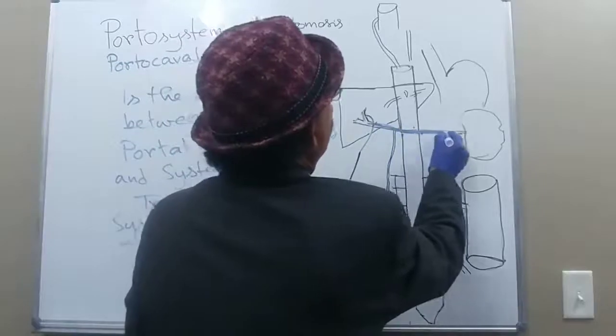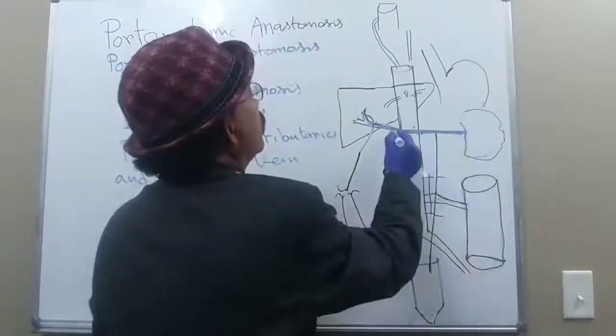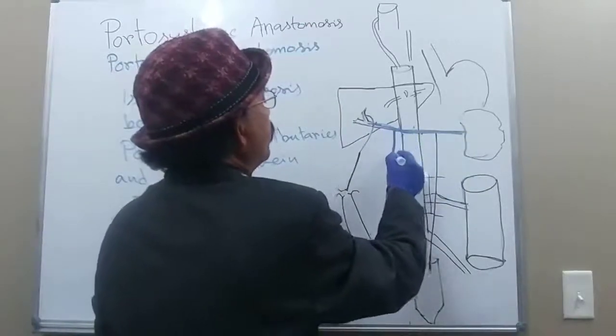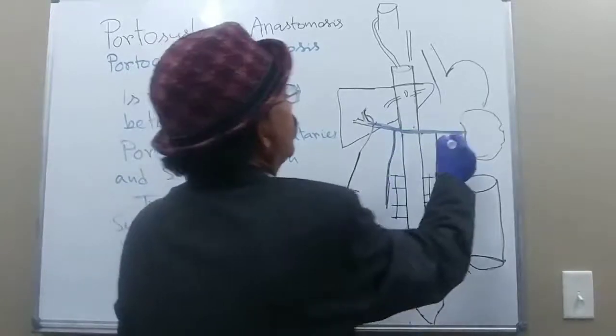The portal vein is formed by the union of the superior mesenteric vein and the splenic vein.